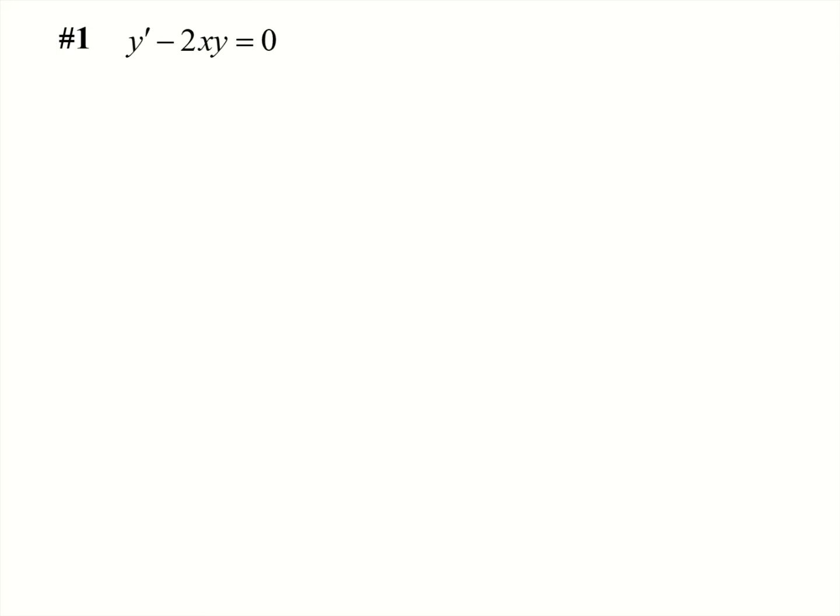Okay, so we have the differential equation that we solved by separation, and we're going to look at some power series techniques. The first thing we want to do is realize that our solution can be written as a power series right here: summation 0 to infinity a_n x^n.